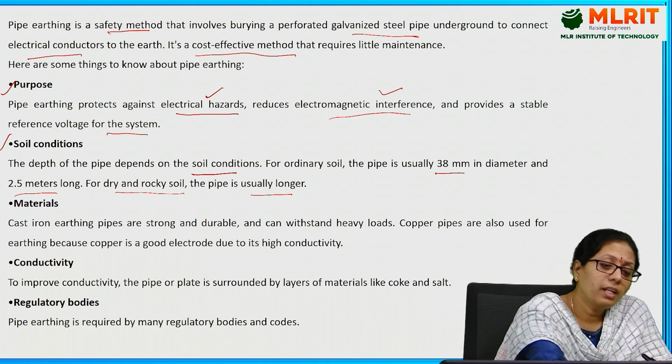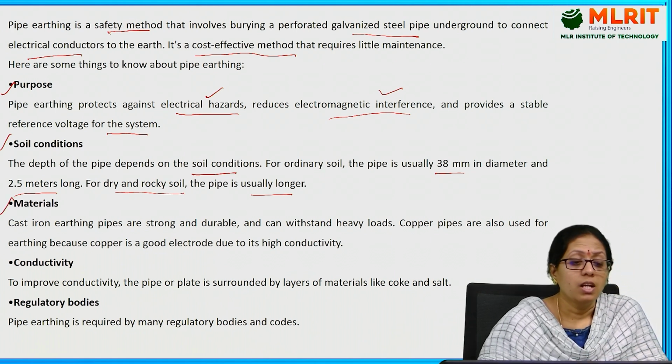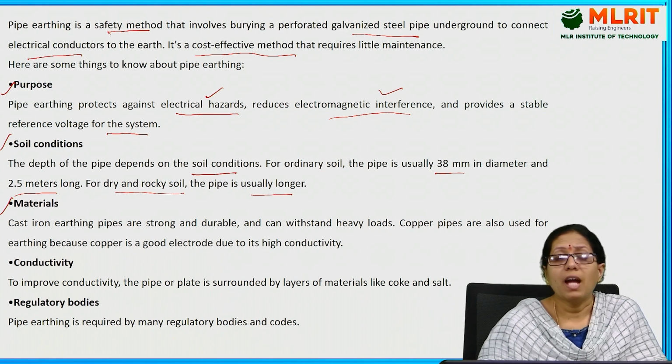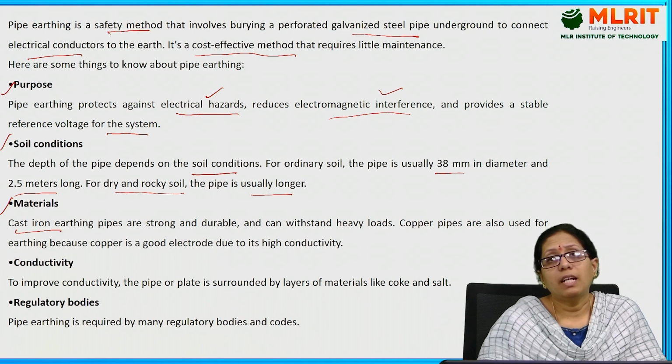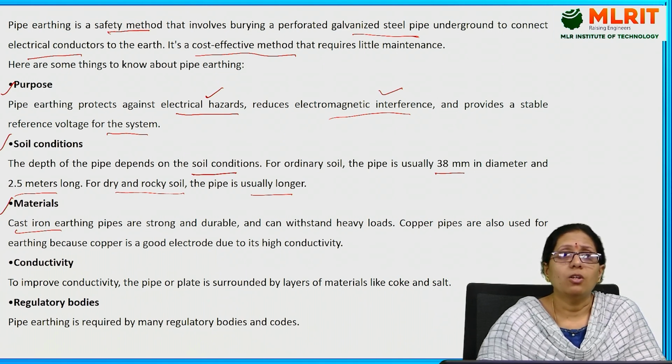The third one is materials. Cast iron earthing pipes are strong and durable. As I said, earthing can be done using materials like copper, iron or steel.